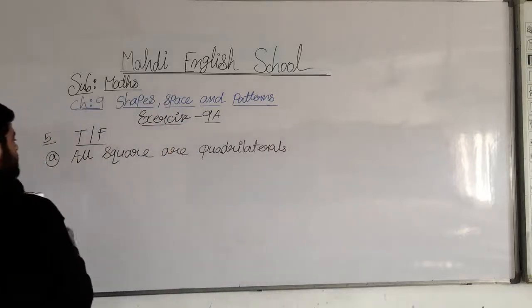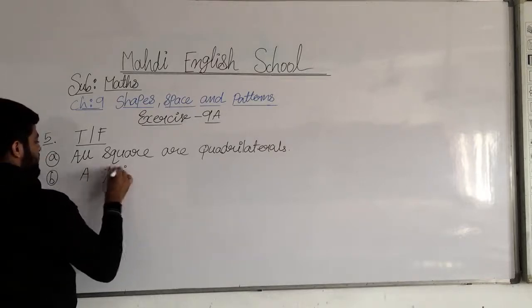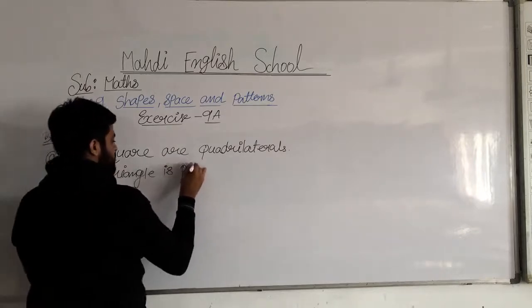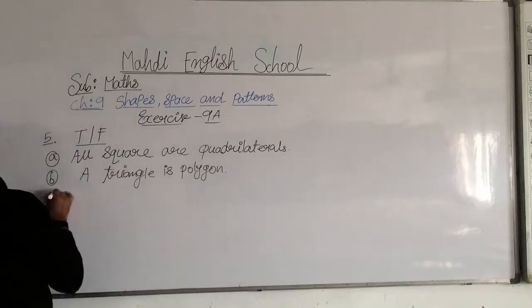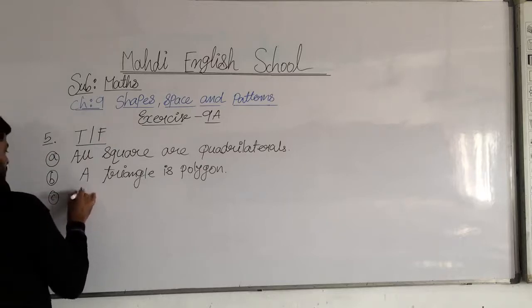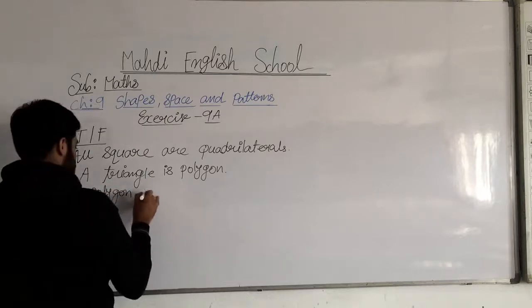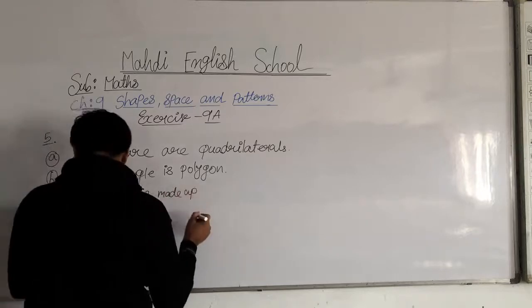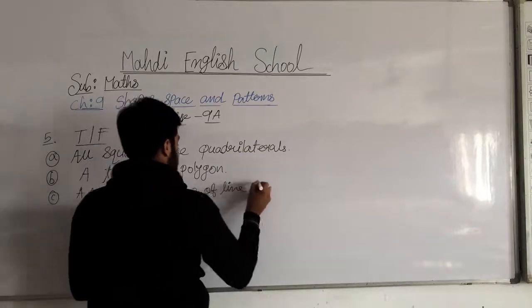Then question number B: a triangle is a polygon. Question number C: a polygon is made up of line segments.